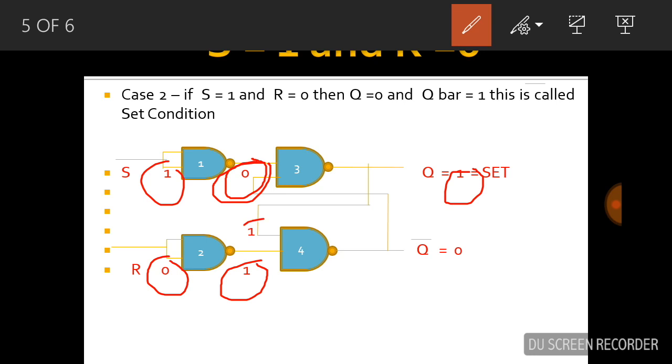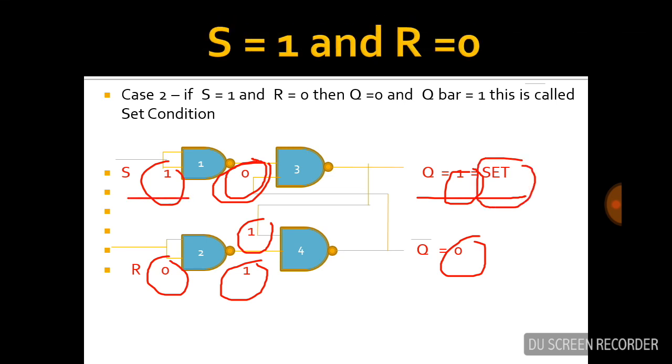This 1 is passed on, both the inputs are 1 and 1, so the output becomes 0. And this 0 is passed on, so one input is 0, then the output is 1. That's why here Q is equal to 1. We provided S equal to 1, that's why the output becomes the set condition.